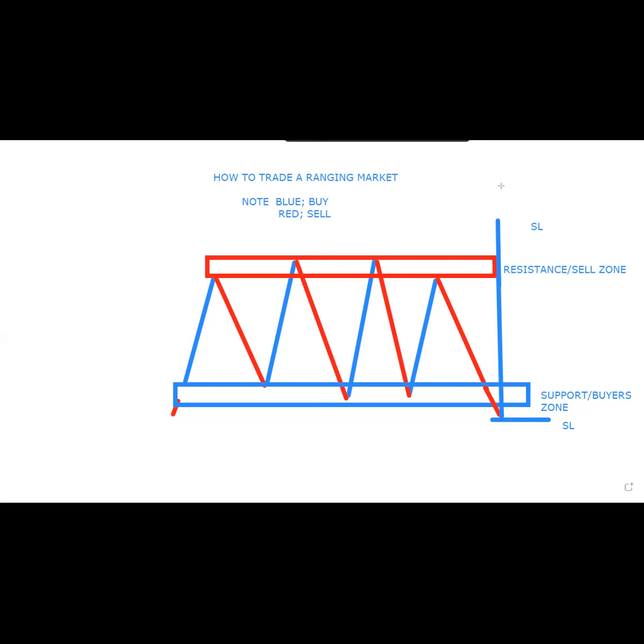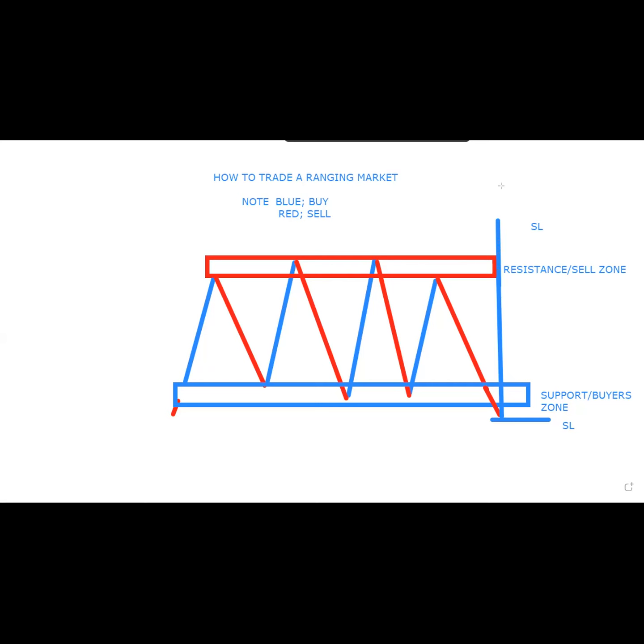Buy using this method, this second way of trading the range. That's what I mean. Using this method to set your profit target, that's your TP.